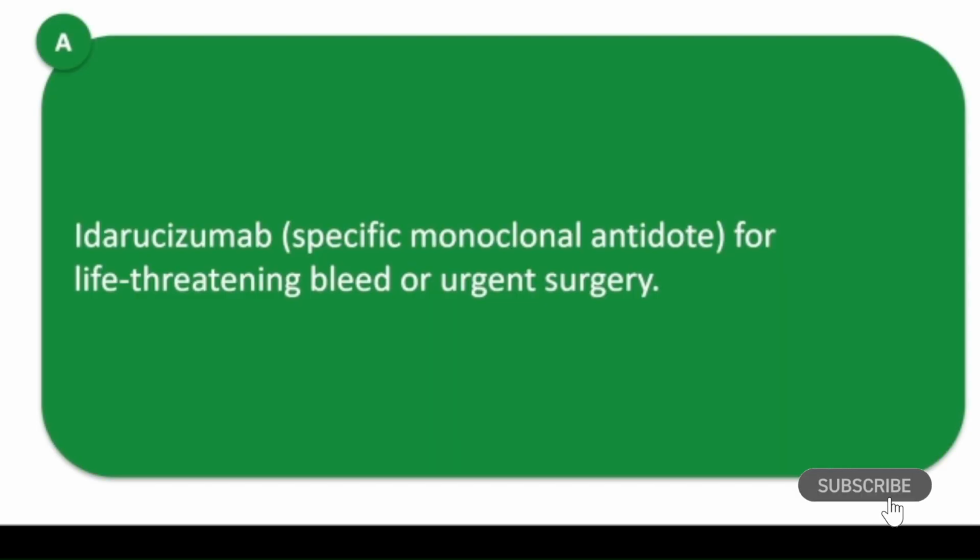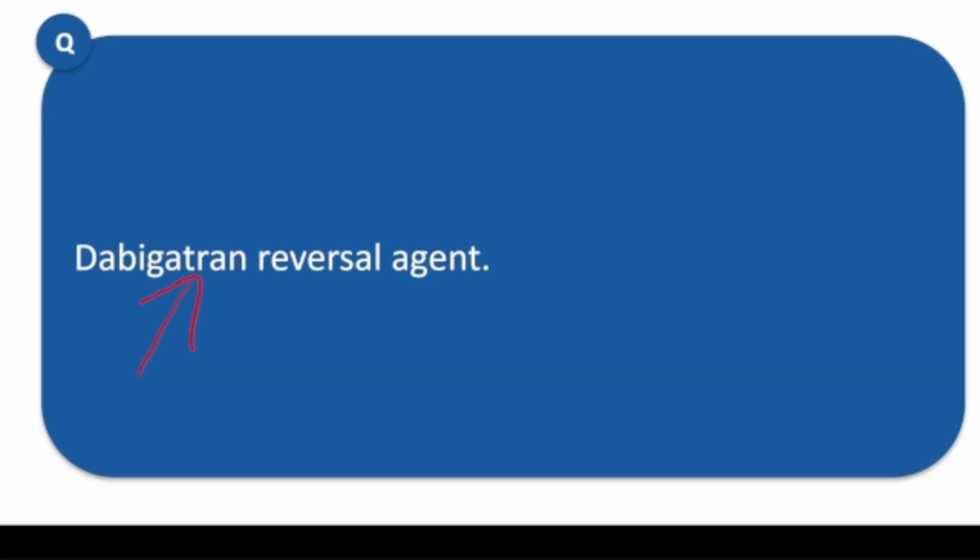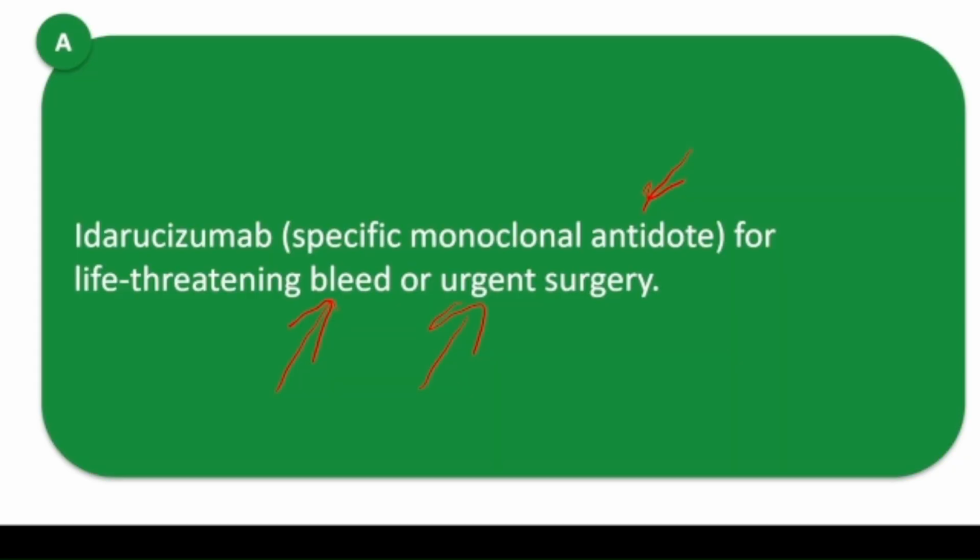The medication available in clinical practice is idarucizumab, a monoclonal antibody and antidote for patients with emergency or life-threatening bleeding due to the use of Dabigatran. So what is the antidote for Dabigatran? The antidote for Dabigatran will be idarucizumab.